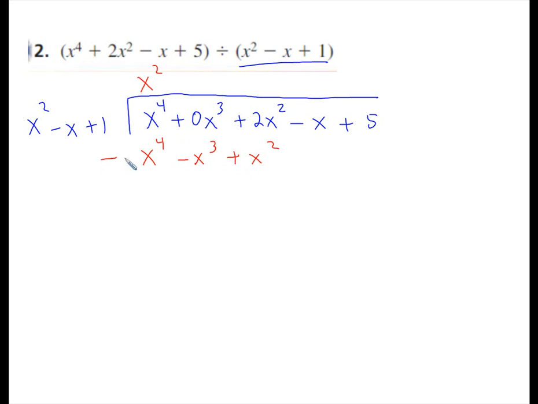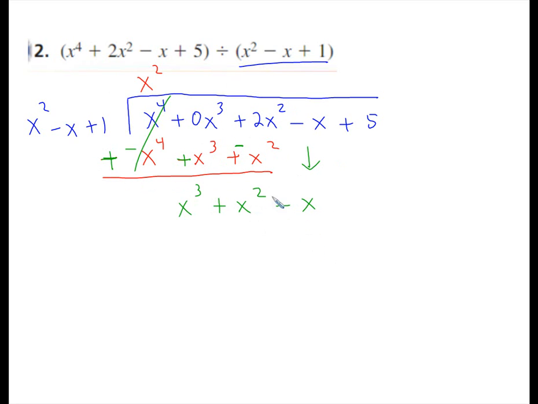Then I'm going to subtract. So when you subtract, that means to add the opposite. I change this to a plus, everything becomes the opposite. The first term should always cancel if you're doing things correctly. It looks like this right here is going to give you x to the third, and this will give you plus x squared, and then bring down the next value, minus x.